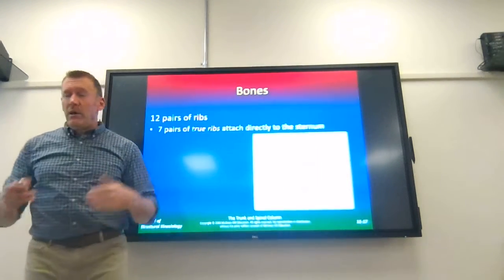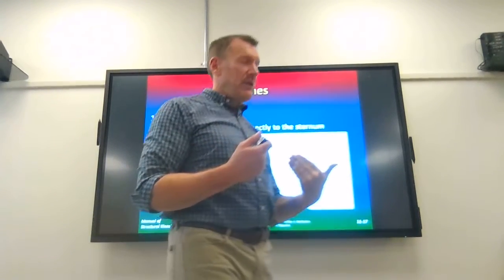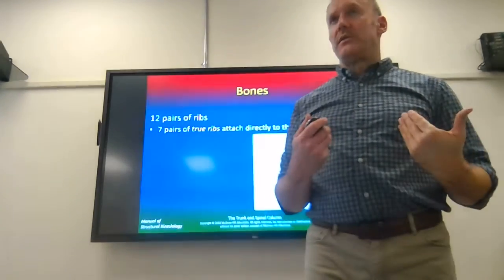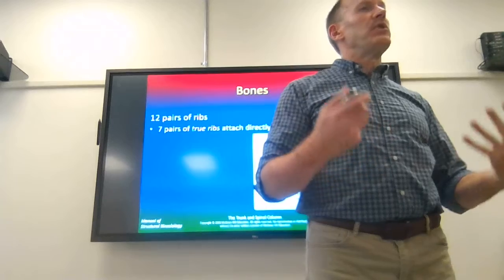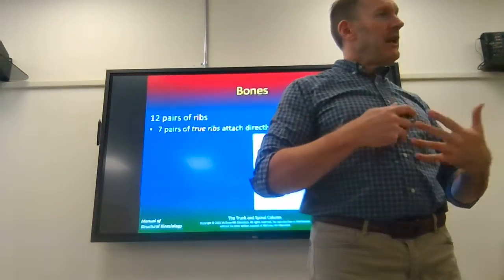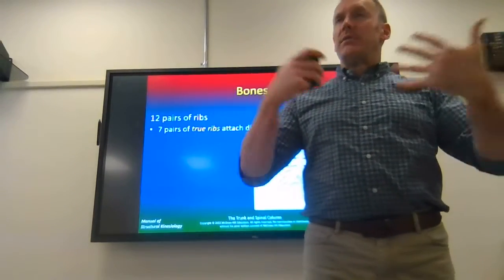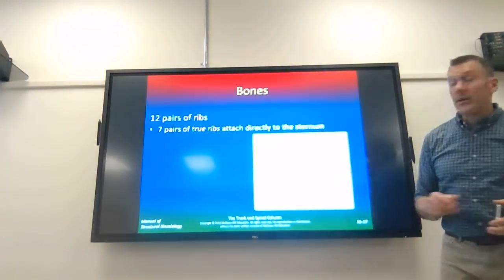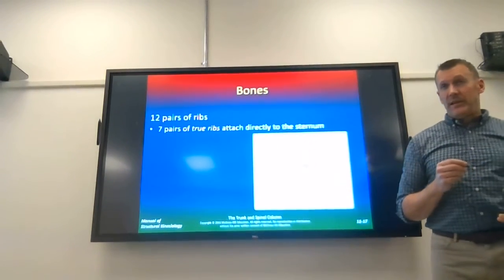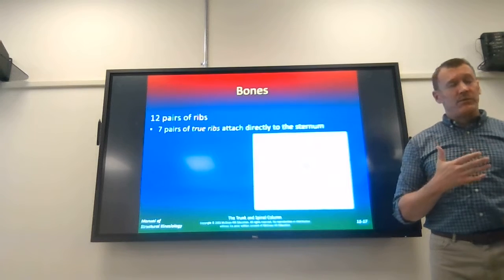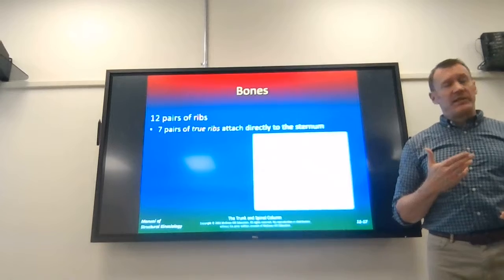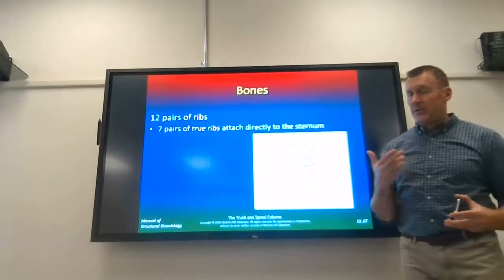Okay, so we have to have just a little bit of flexibility in the rib cage. So as we breathe in and out, the rib cage expands and then retracts. And so these ribs not only facilitate breathing, but they also facilitate shock absorption. So there's a little bit of give in the rib cage to protect your heart and lungs from impact.